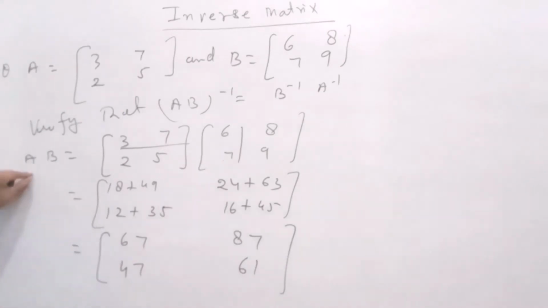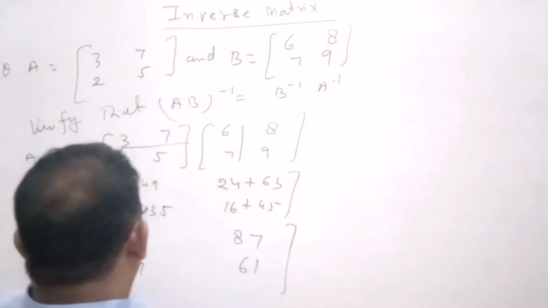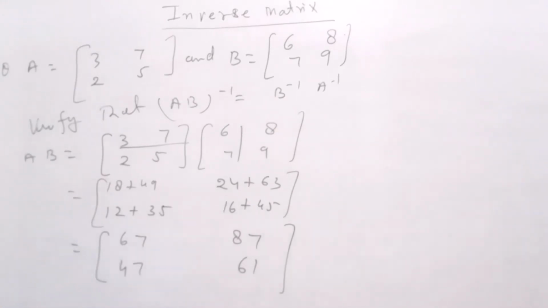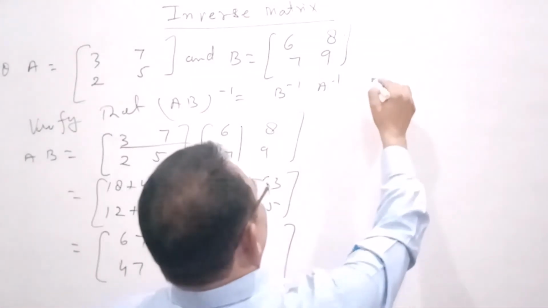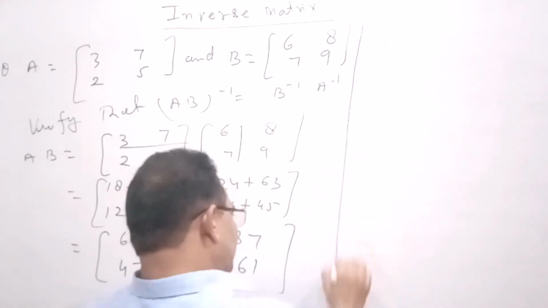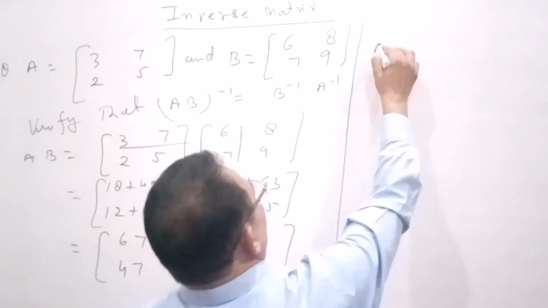So therefore the product of this matrix is this, and now we find the value of (AB) whole inverse. First of all we find the value of B inverse and A inverse.